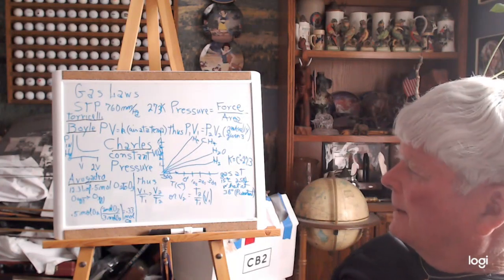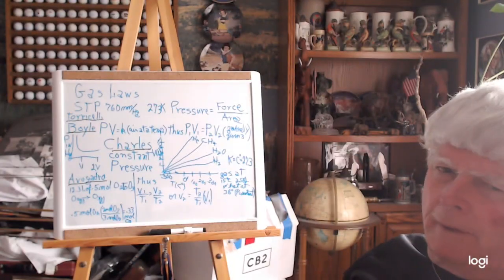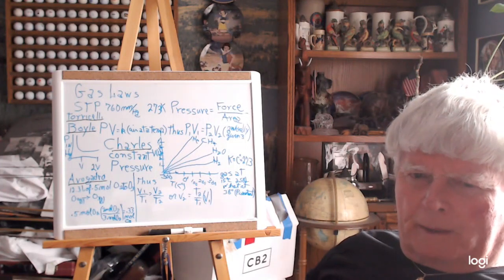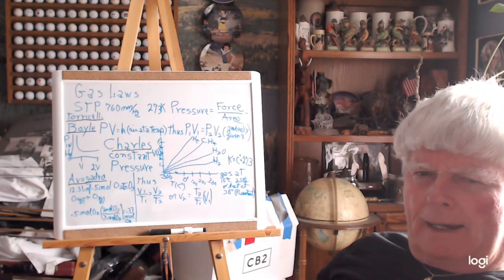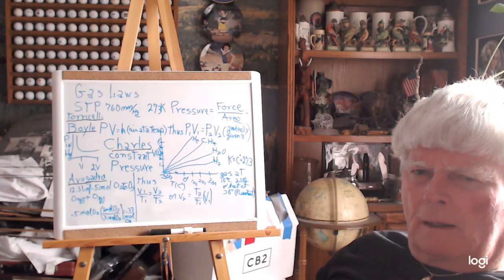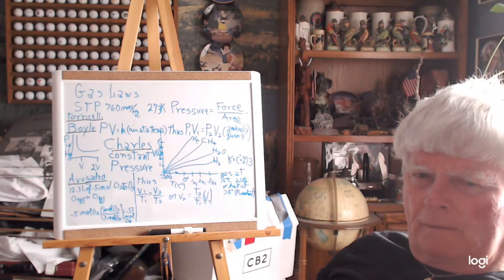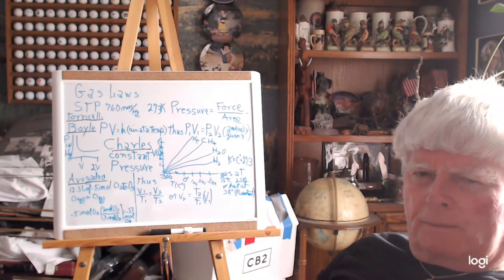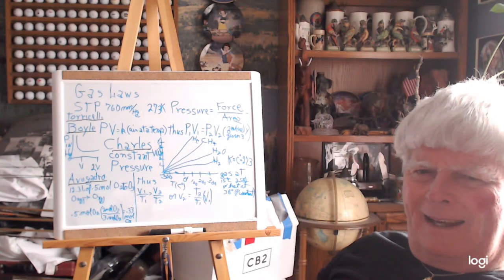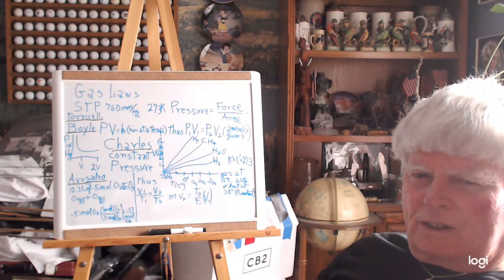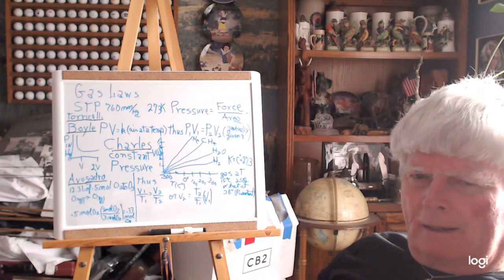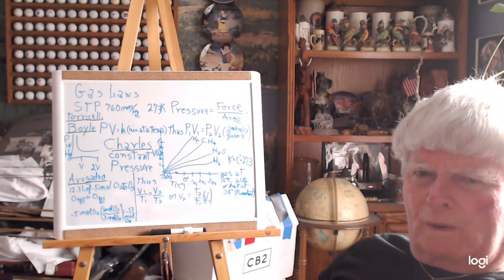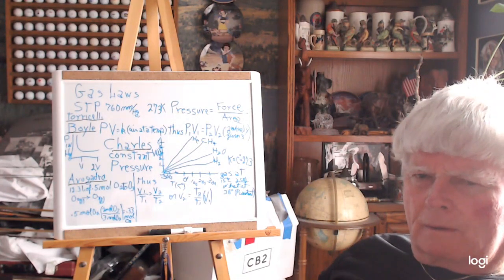Next on the list is the fabled Avogadro. Avogadro's number we've already talked about, which says that in any given volume of a gas, if the pressure and temperature are constant, the gases all contain the same number of particles, which is 6.02 times 10 to the 23rd particles.